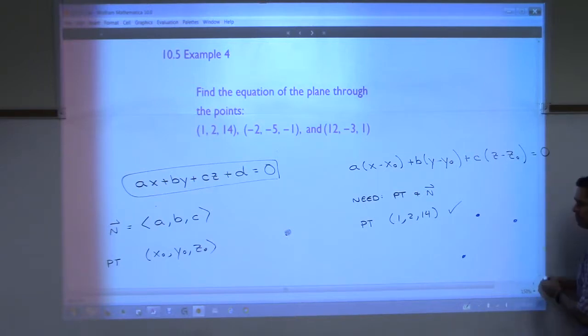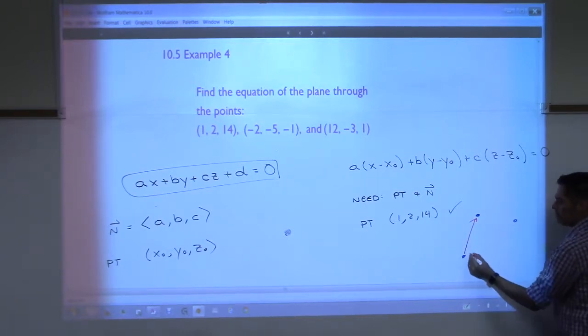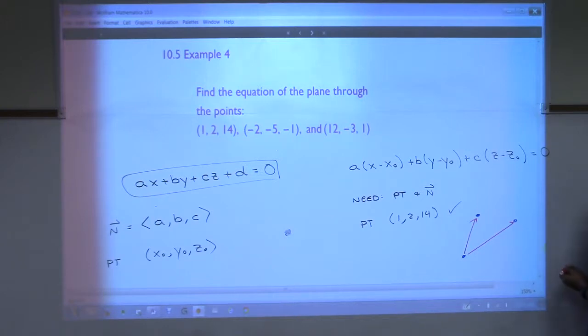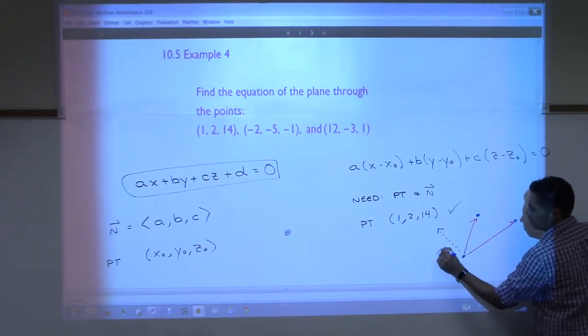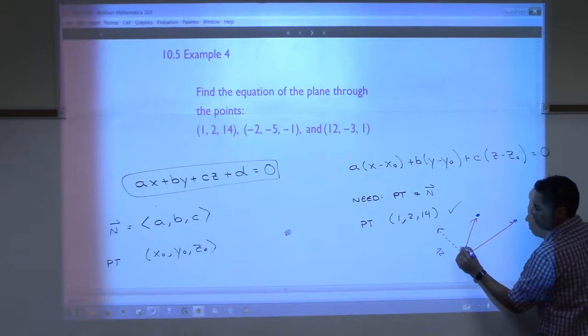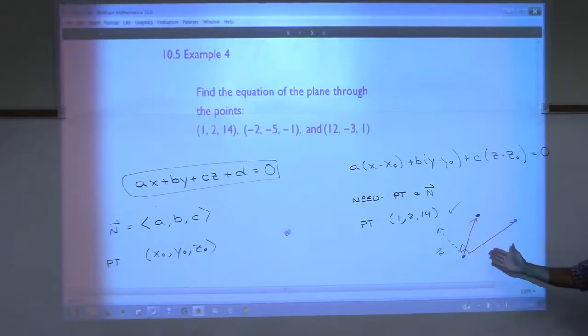We will generate 2 vectors, right? We will take those 2 vectors and cross product them. That will generate our normal vector, which should be orthogonal to both of those. So it's going to come out pointing perpendicular to the flat sheet of paper. Understand? Pretty good drawing? You're okay with that?